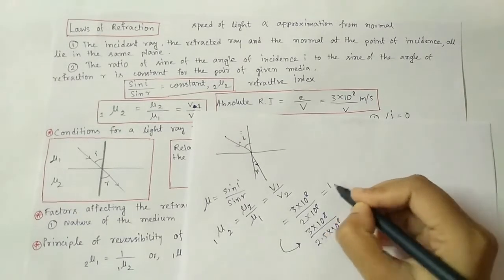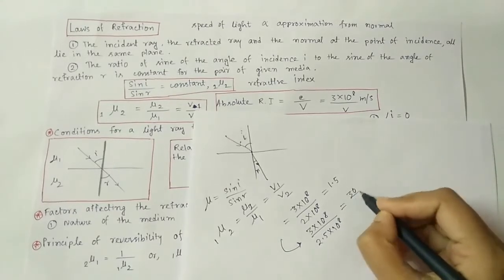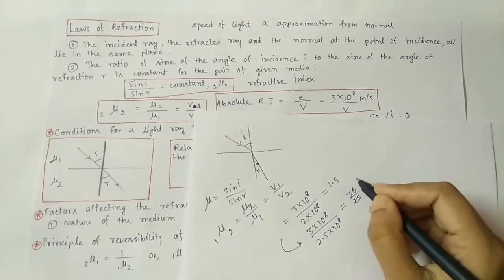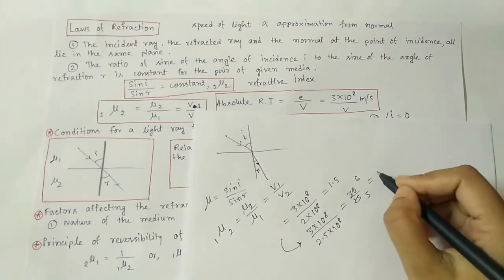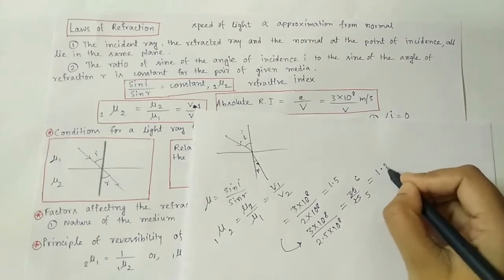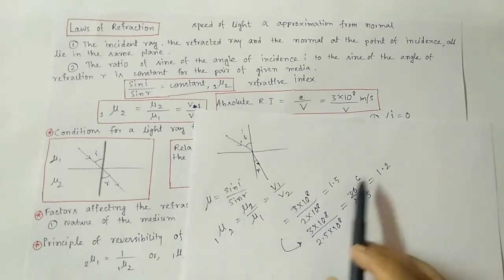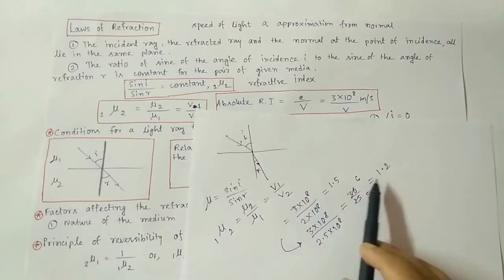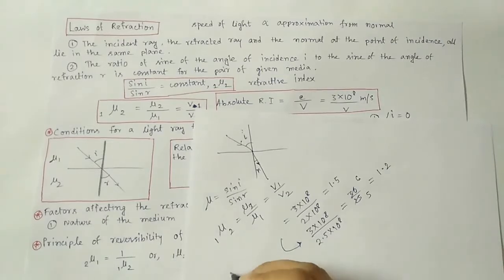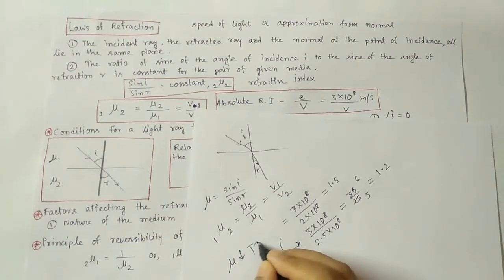If we calculate the value, it will be 1.5, and for this one it will be 30 by 25, which is equal to 1.2. Are you getting my point? The value is decreasing, from 1.5 to 1.2. So we can say that mu is reduced with an increase in temperature.